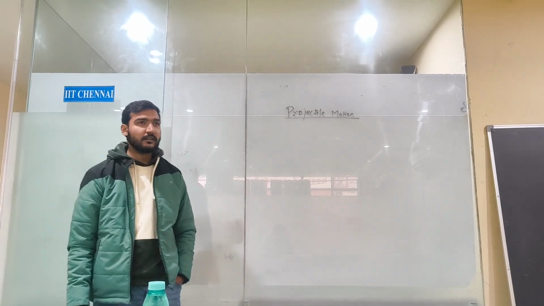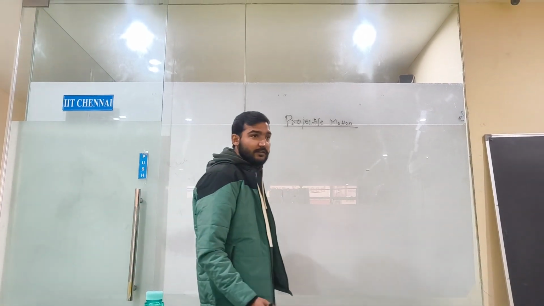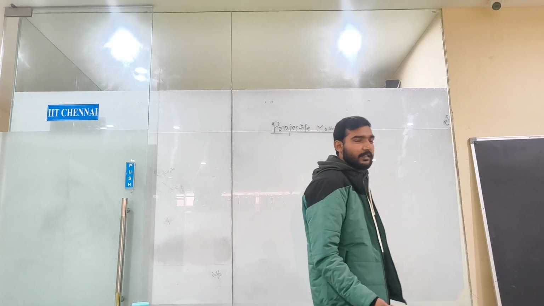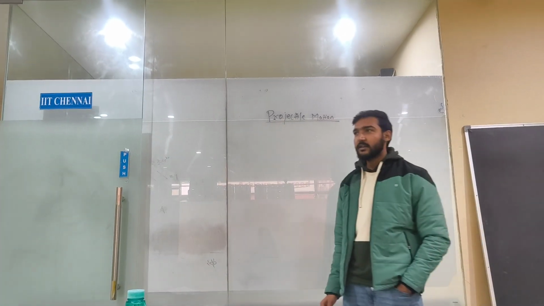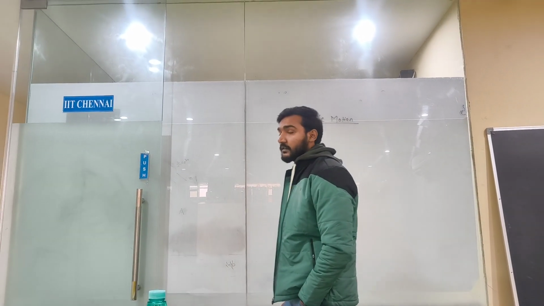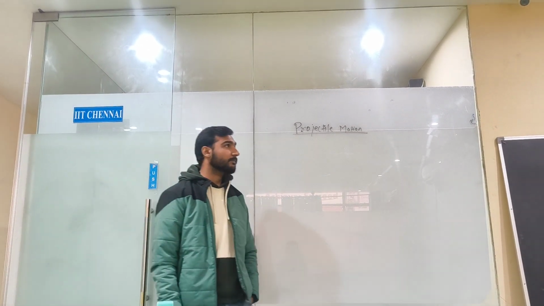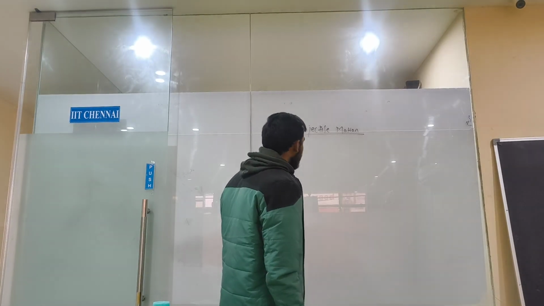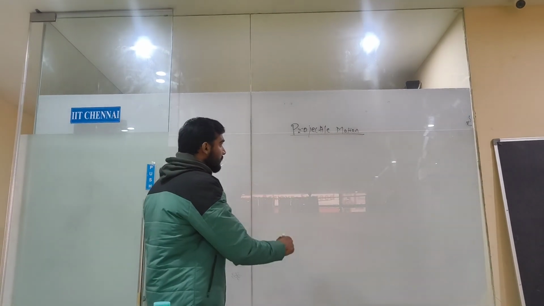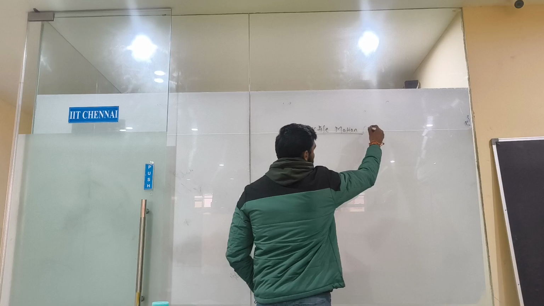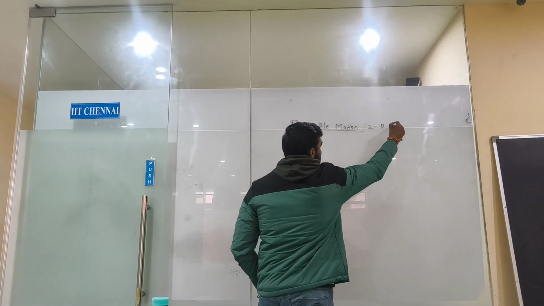What we have studied in rectilinear motion is motion in a straight line. Rectilinear motion means simple, straight line motion, and under it we have seen motion under gravity. Yes or no? Okay. But projectile motion is not rectilinear, so it is a 2D motion also. We can say it is a 2D motion.